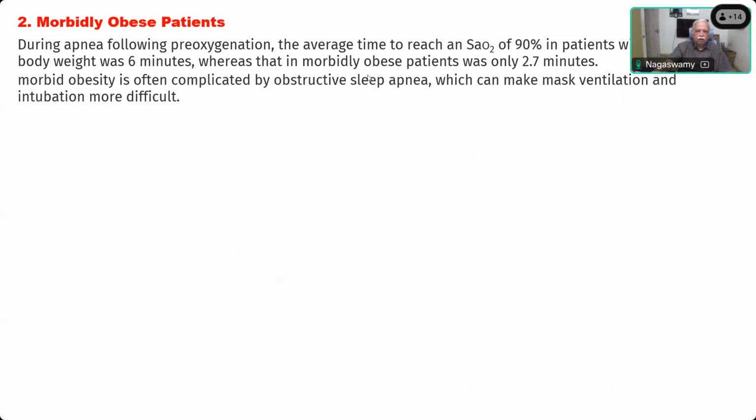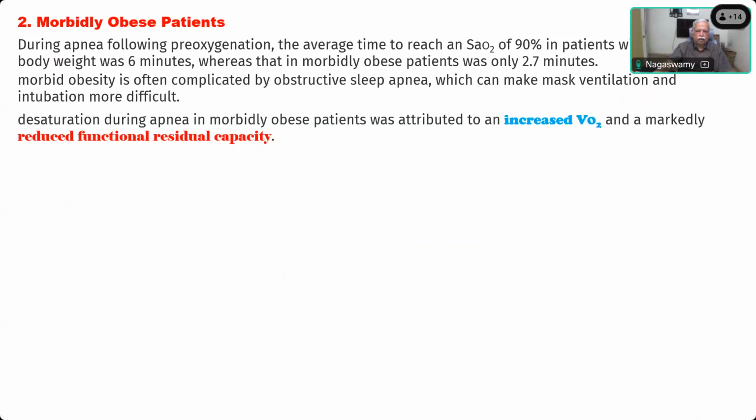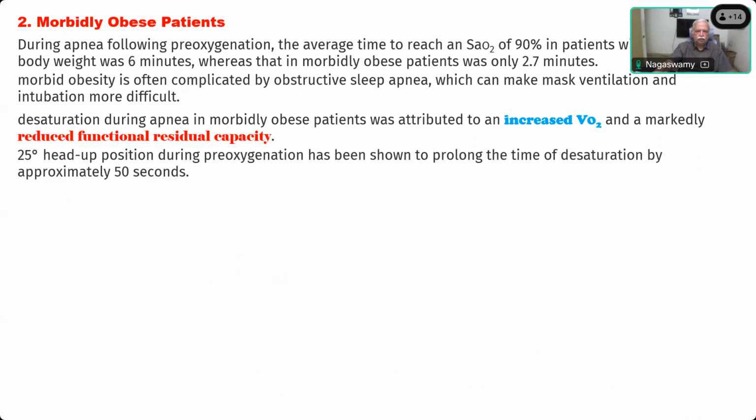And if they are complicated with obstructive sleep apnea, more so you have to make sure that you are able to mask ventilate them correctly before you do the intubation. And they have increased oxygen consumption and reduced functional residual capacity, both make them susceptible to desaturation much faster. And a 25% head-up position or a ramp position during pre-oxygenation helps in these patients.